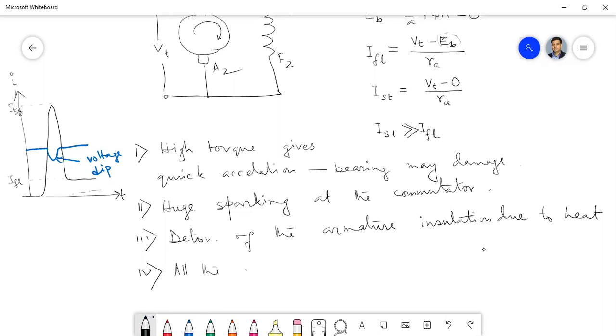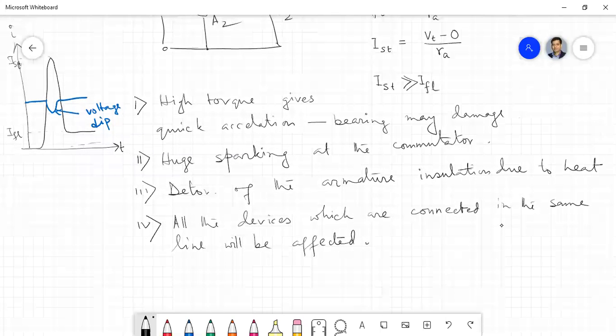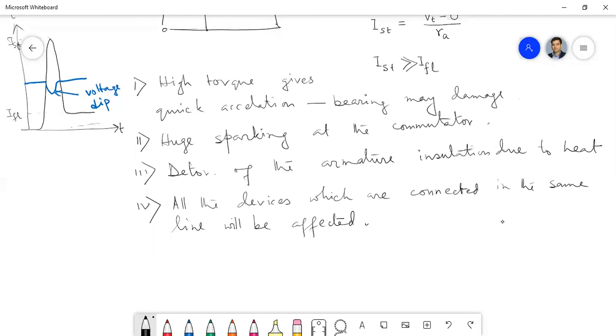So all the devices which are connected in the same line will be affected. Is that point clear? Do you have any doubt?